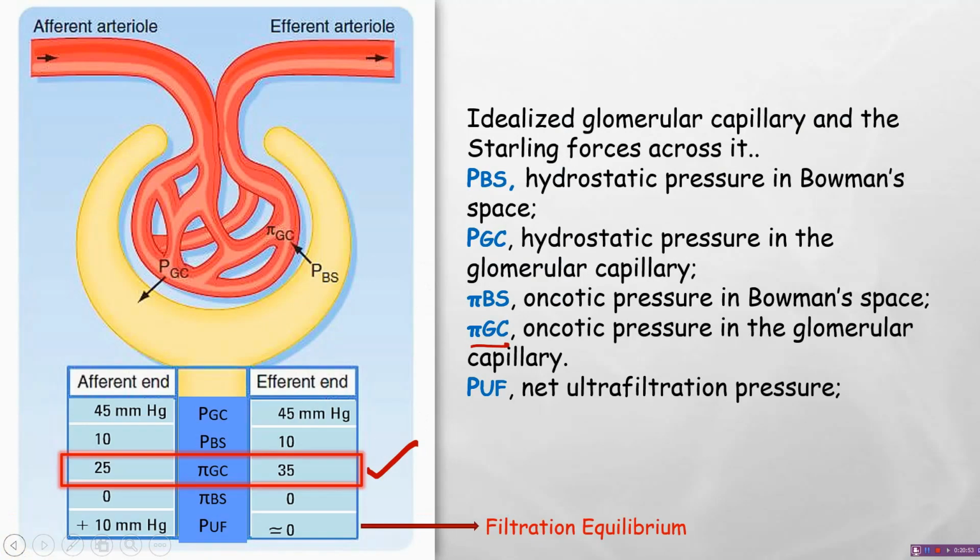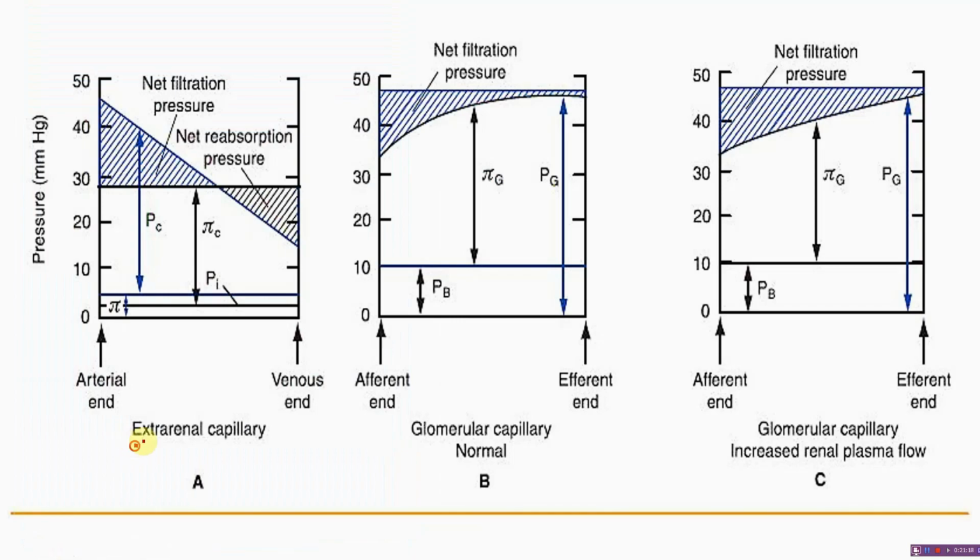And another thing I have to say, near the efferent side the filtration ceases, the net filtration pressure comes to be 0, and this portion is called the filtration equilibrium. The first diagram is the other capillary network elsewhere in the body, where the hydrostatic pressure changes from the arterial side to the venous side. But here you can see that the glomerular capillary oncotic pressure is changing, and all other pressures are normal.